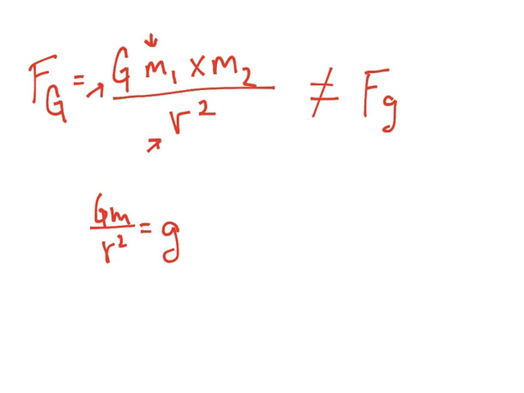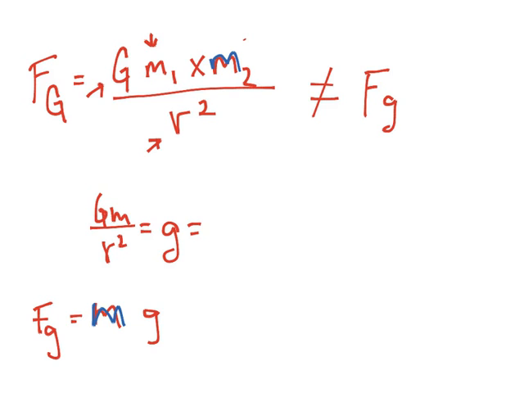So all they did is this huge thing is equal to g. So then it would become Fg is equal to our mass, this mass, times whatever all of that equaled. So we can actually calculate it.